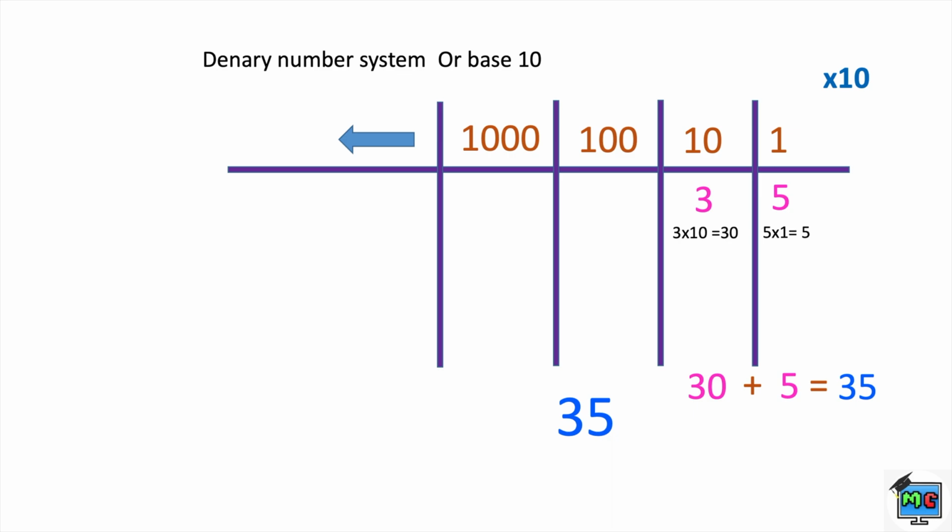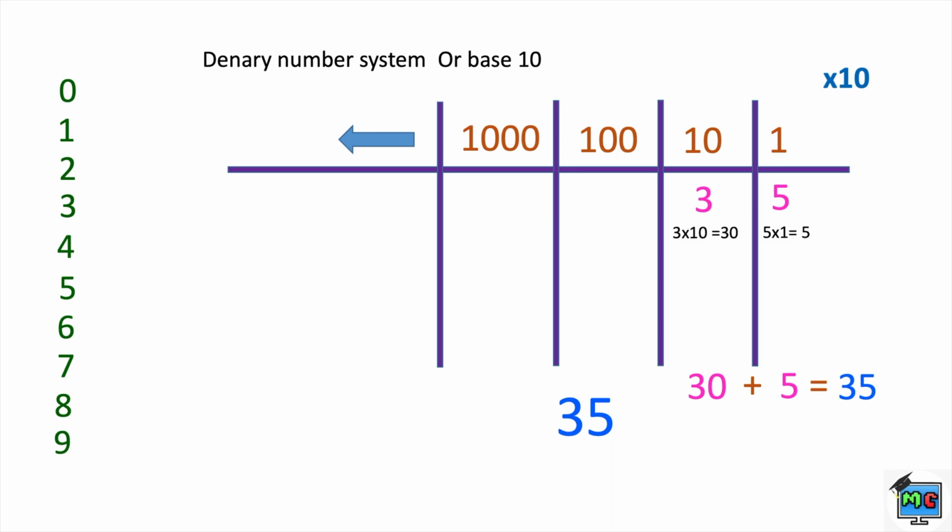Yes, you understand? Okay. The base 10 number system has 10 symbols. We have 0, 1, 2, 3, 4, 5, 6, 7, 8, 9. We don't have any more symbols.